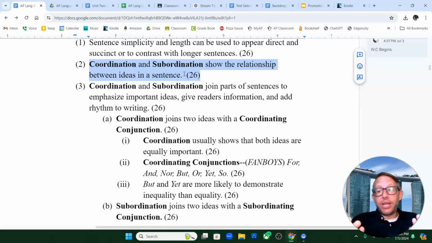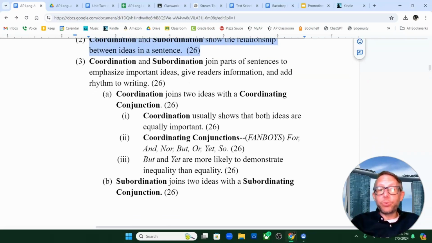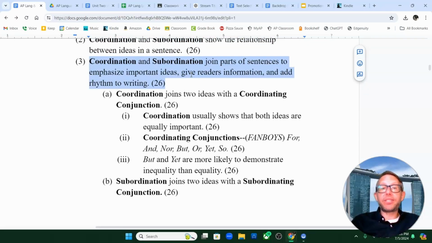Whereas subordination means that one is going to be subordinate to the other, sort of inferior or less prominent, something along those lines. And as you'll see, that contributes a lot to what we're talking about. So those two concepts join parts of sentences to emphasize important ideas, give readers information, and add rhythm to writing, okay? So what are we talking about when we're talking about this?